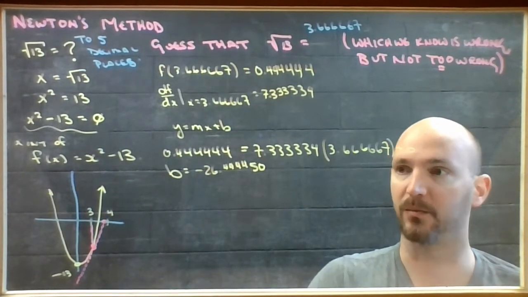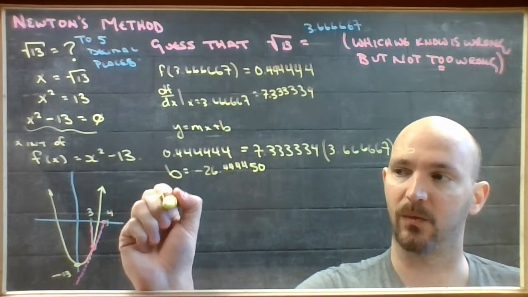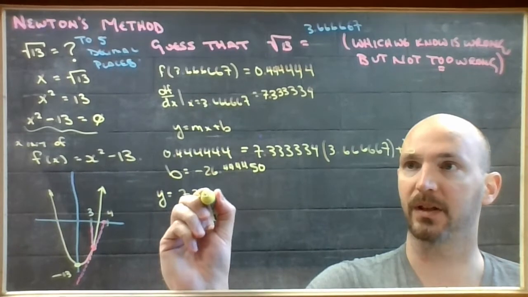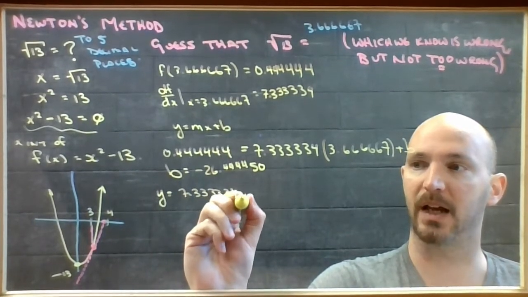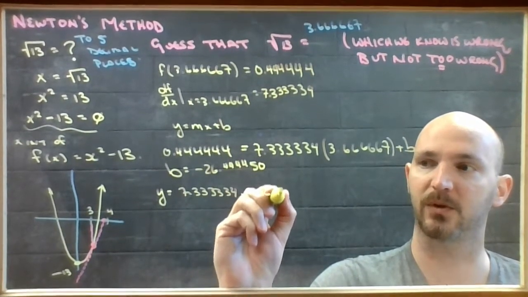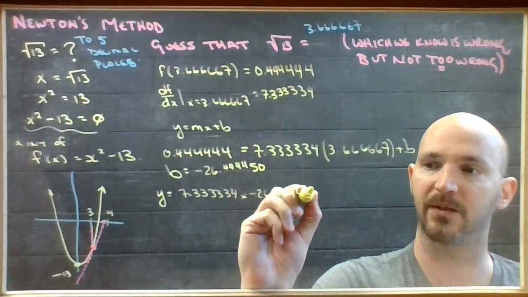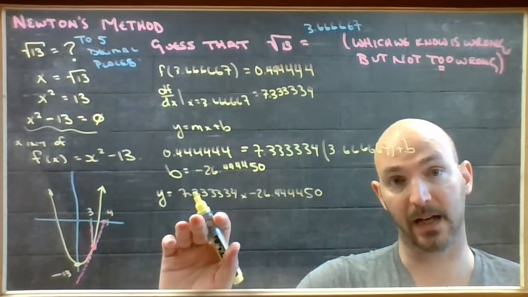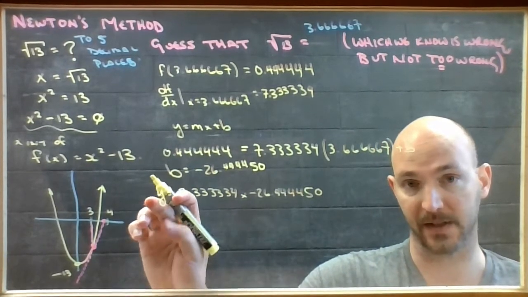Okay, so my tangent then is y equals 7.33334x minus 26.44450. So that's my new tangent. I'm going to ride that one back to the x-axis by finding its x-intercept.